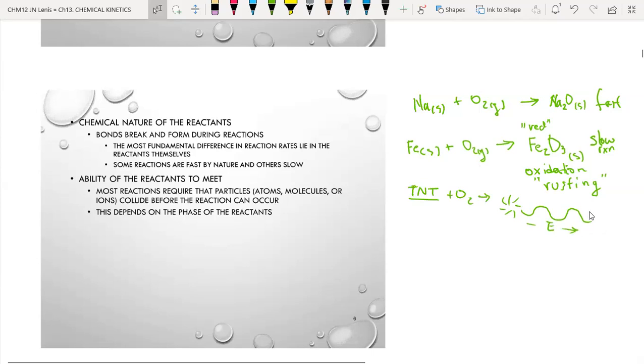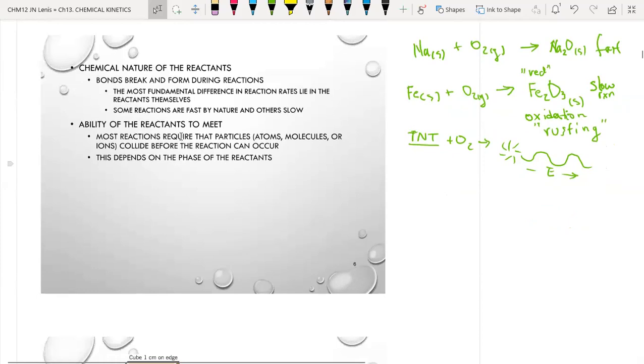Because it's a very fast reaction, there is a very fast expansion of gases produced during the oxidation. So you see now the applications of the importance of knowing the speed of the reactions.